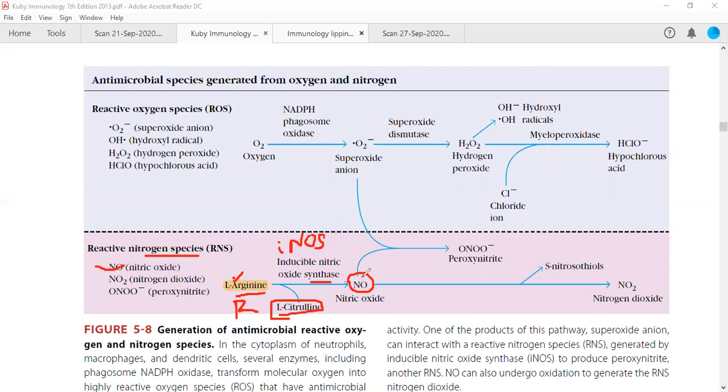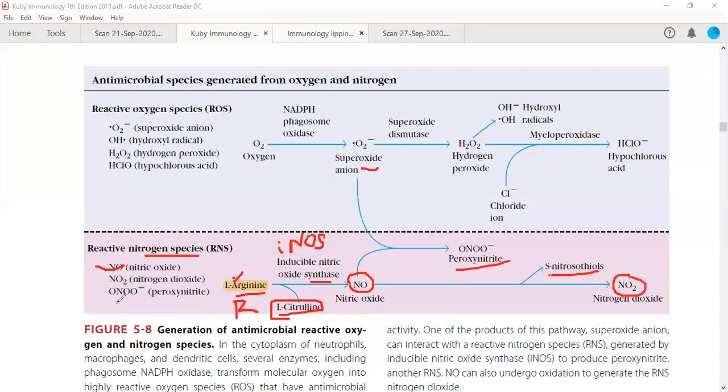Now, if superoxide anion is already present in the cytoplasm, this nitric oxide can combine with the superoxide anion, and it will lead to the synthesis of a harmful intermediate known as peroxynitrite, which will be further converted into S-nitrosothiol or nitrogen dioxide, NO2.